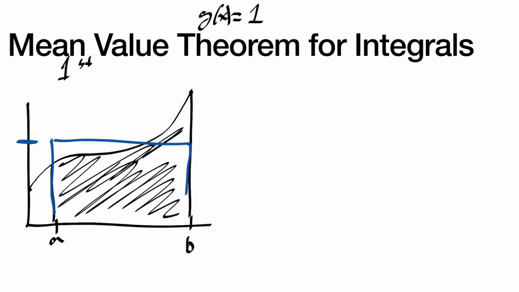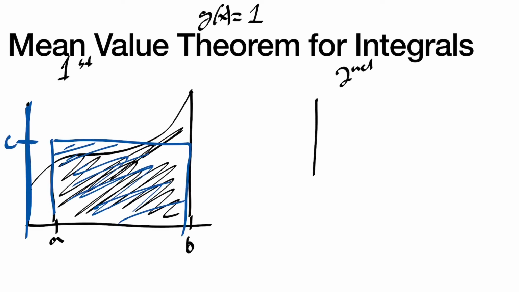And what we're doing is we're finding a value in the middle such that if I take the area of that rectangle, I get the same amount. So I'm looking for some value where the amount that we're under over here on the left and the amount that we're over on the right match up with each other, and those end up giving us the same value. So that's that first mean value theorem. And so here our c is like the height. Our c is like how high we want our rectangle to be.